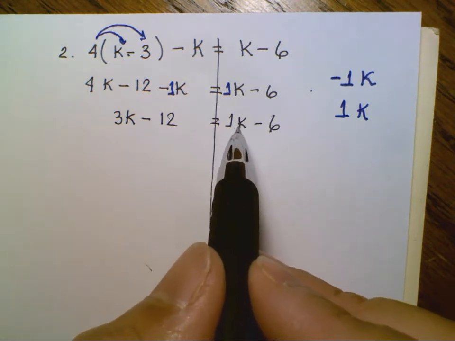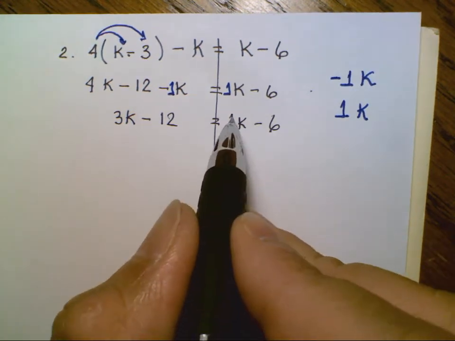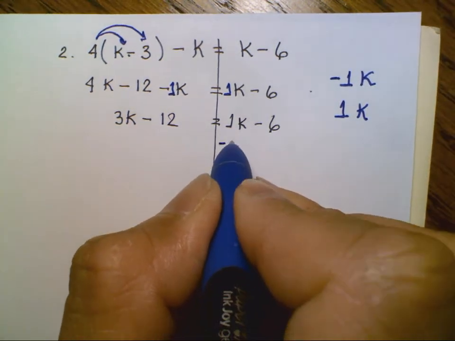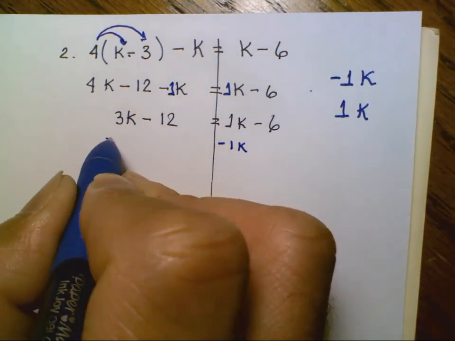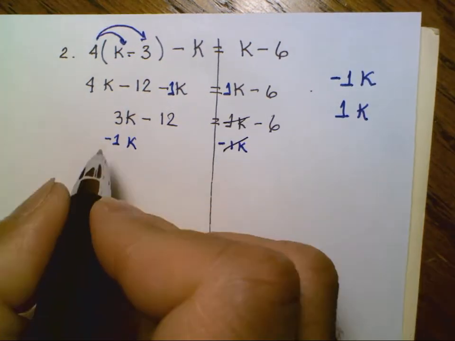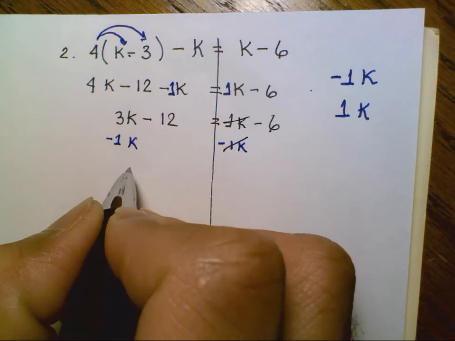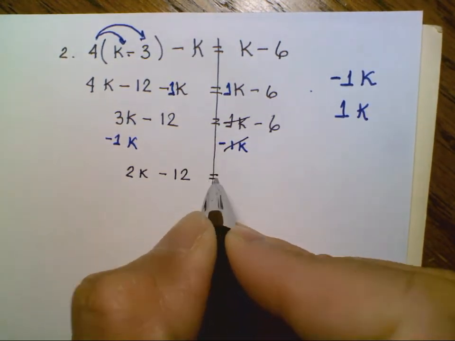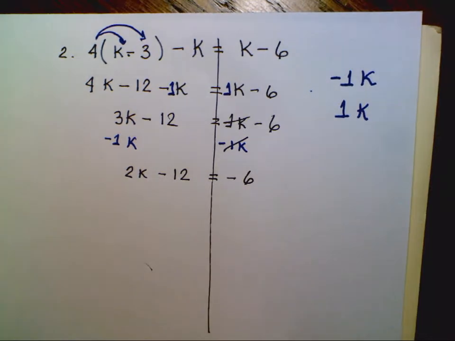So I'm going to send it to the left. In this case, 1k, I'm going to move it to the left side. So I have minus 1k, minus 1k, cancel out. So I have 3 minus 1 is 2k minus 12 is equal to negative 6.